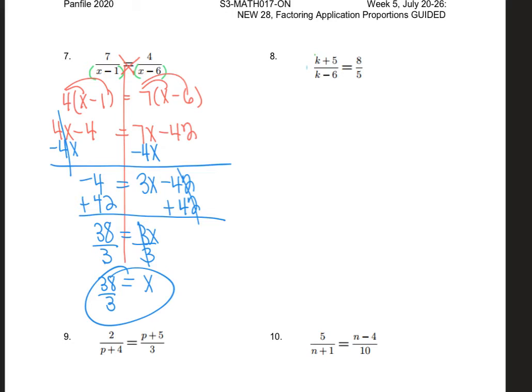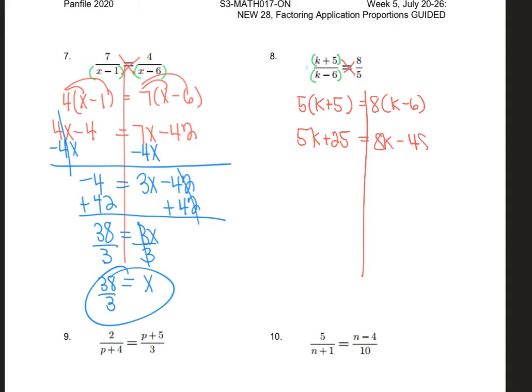All right, we package our answers, our binomials up. We cross multiply. So we get 5k plus 5 equals 8k minus 6. Distribute out to both things on both sides, to both terms. We get 5k plus 25 equals 8k minus 48.